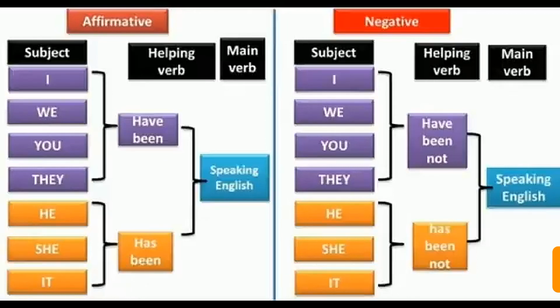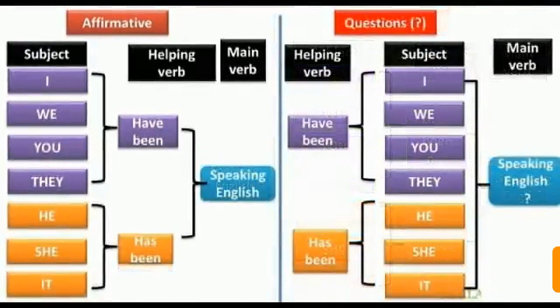Now we will discuss the affirmative and interrogative structure of a sentence. Affirmative will remain the same sentence structure as the simple sentence. Then in the interrogative structure, the helping verb will come in the first position.